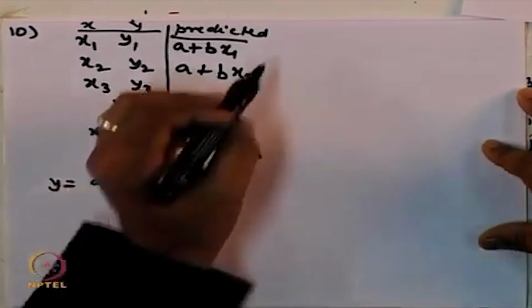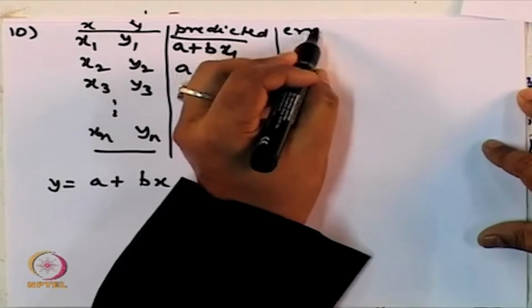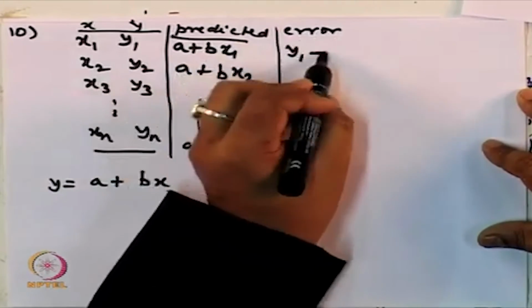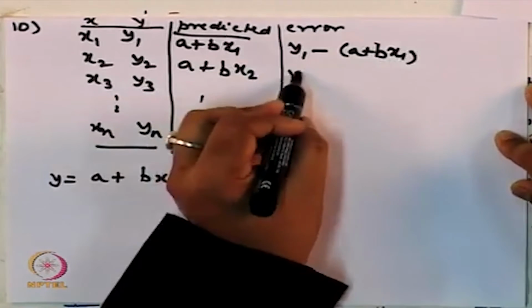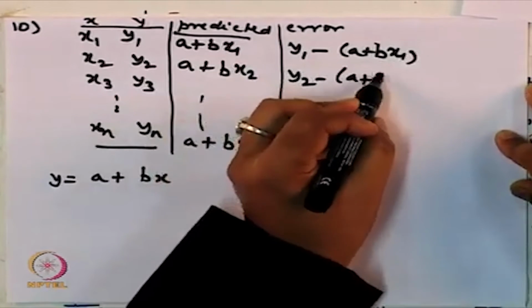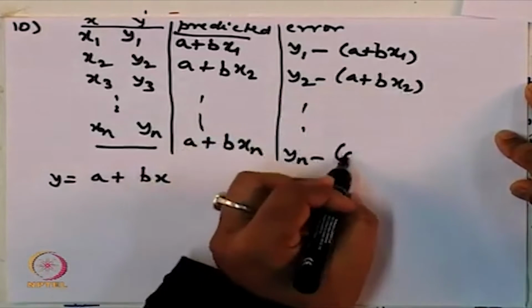So, what is the error that I accumulate from my prediction? y1 minus (a plus bx1), y2 minus (a plus bx2), up to yn minus (a plus bxn).